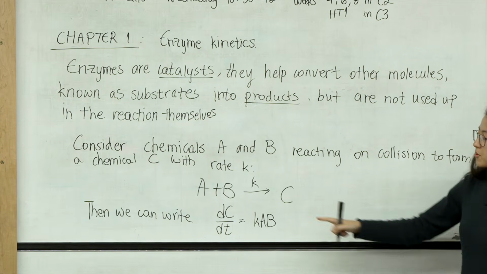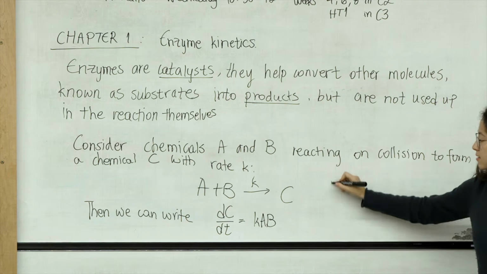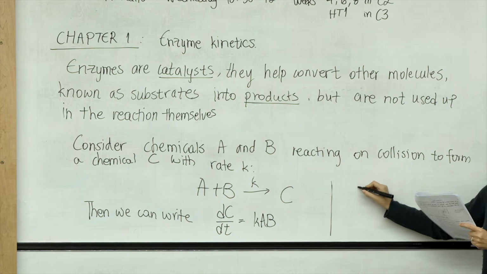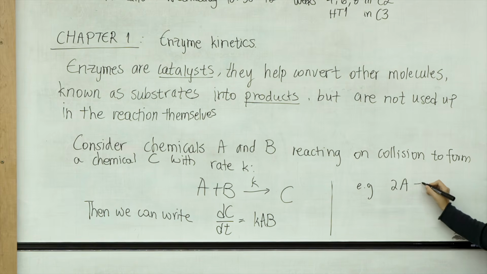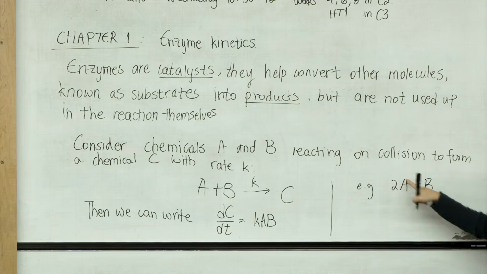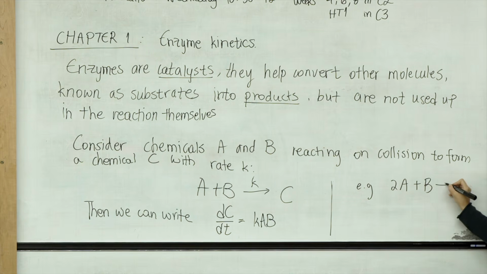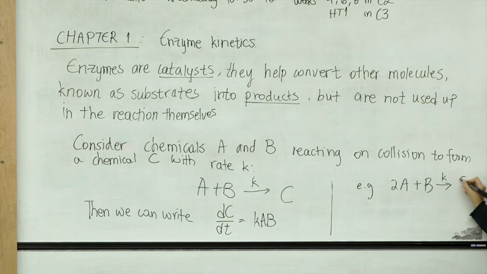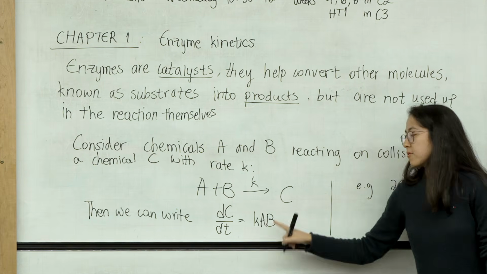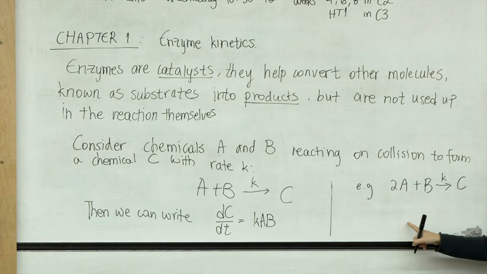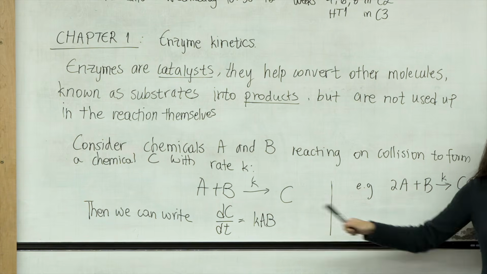So let's instead imagine I had another example, and I gave you that I had A plus B, but with an extra molecule, a larger concentration of A reacting again under the same rate to give me product C. Does anyone have any idea of how I can rewrite this using this relationship that I gave here?